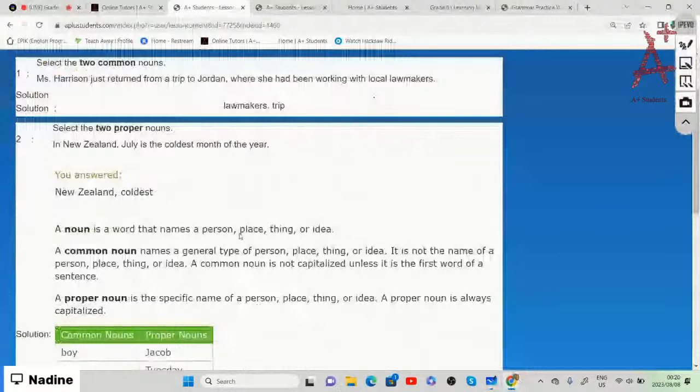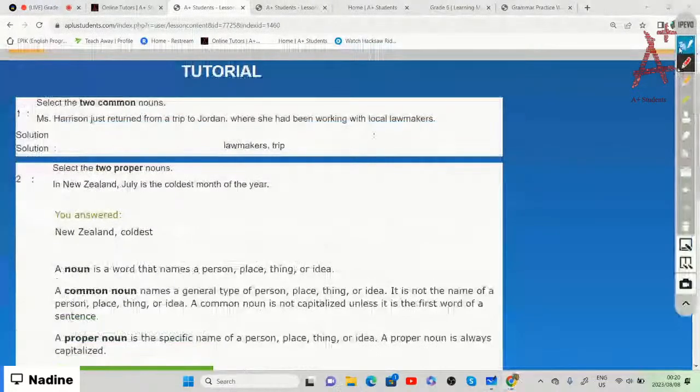So we need to identify the two common nouns within that sentence. We will choose the one which is trip, and the other one which is local lawmakers. So these are the two common nouns within that sentence that we have identified.